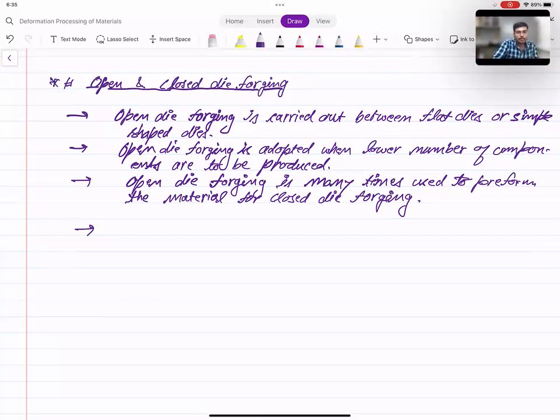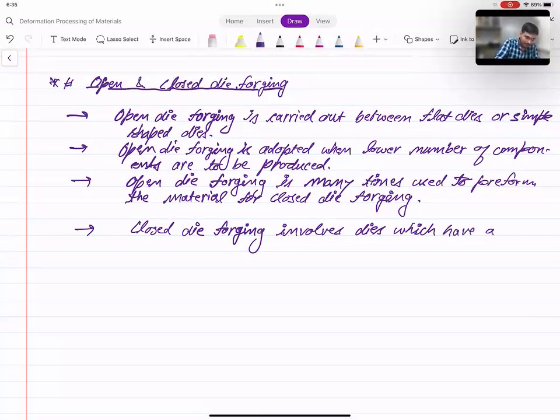Again, closed die forging involves dies which have a closed cavity, and this is generally done under very high pressures.